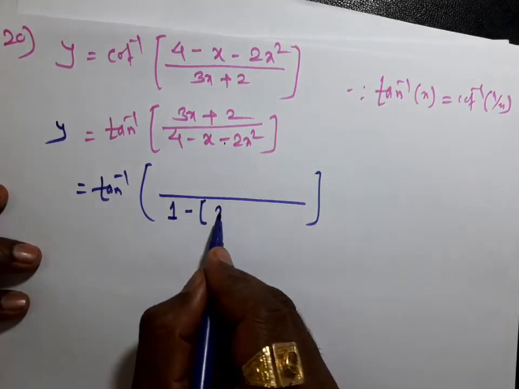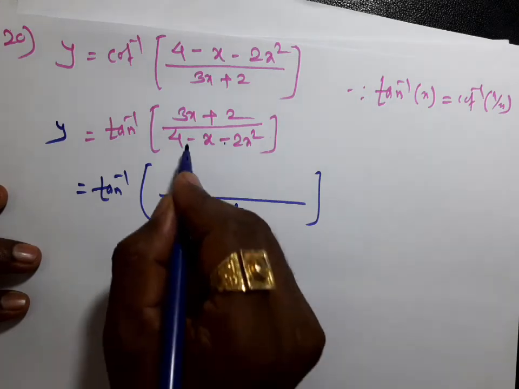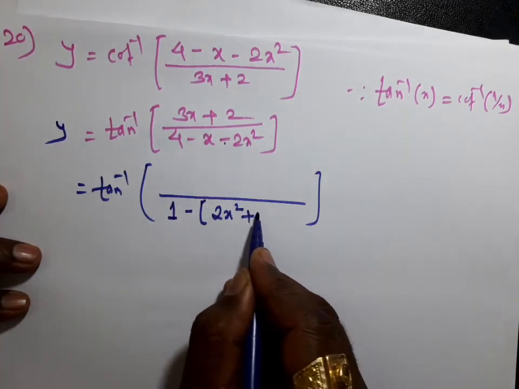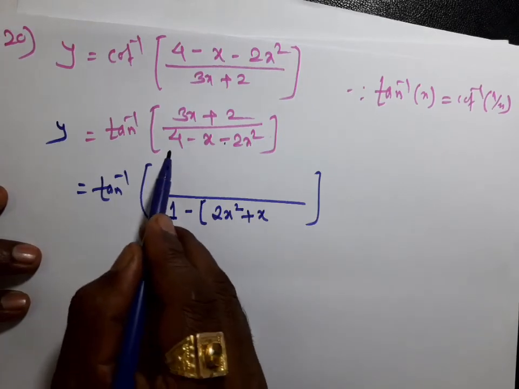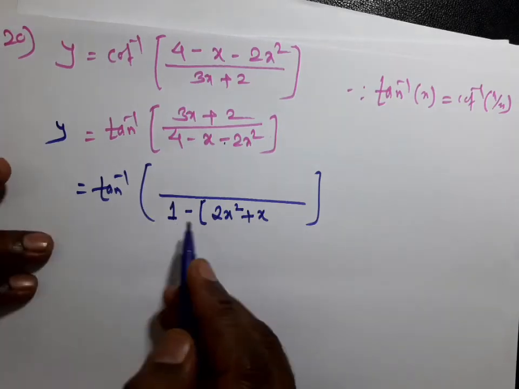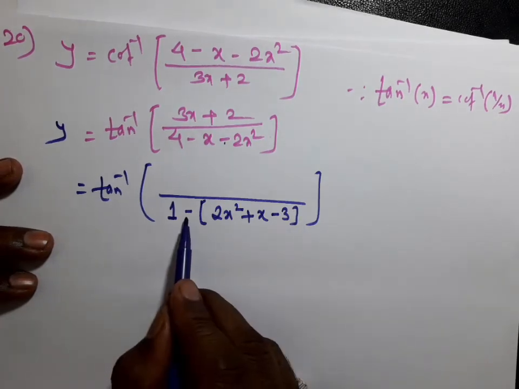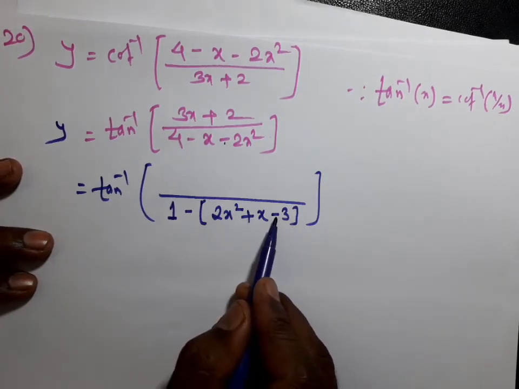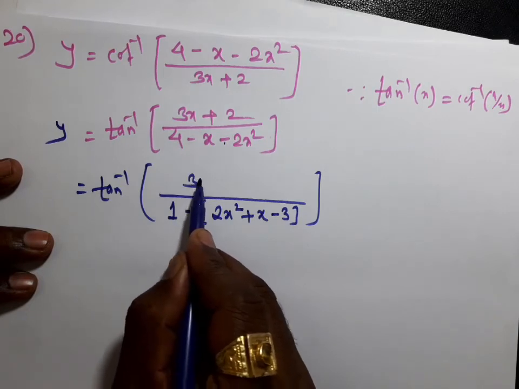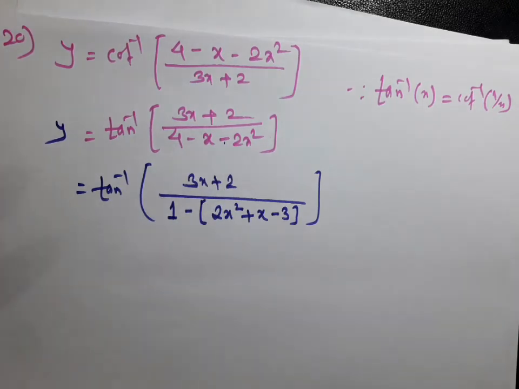So it will become plus 2x square, plus x. I have the 4, but already 1 I have taken, so this is minus 3. Open the bracket: minus 2x square minus x minus 1 plus 3. And this is 3x plus 2.